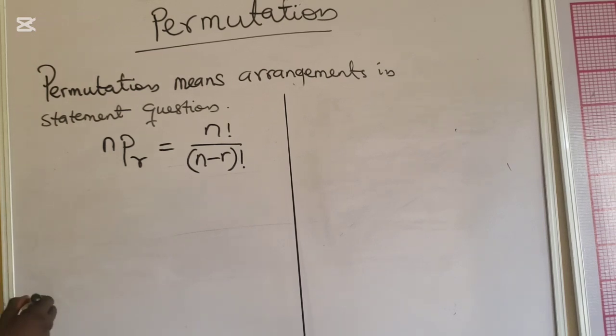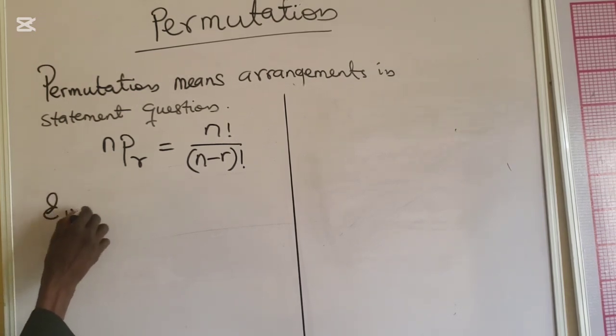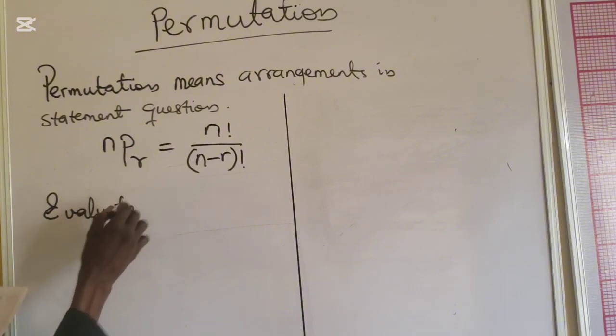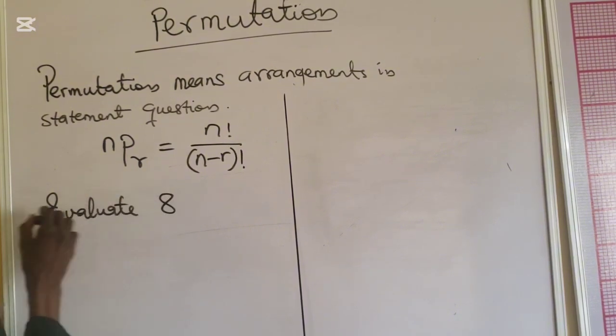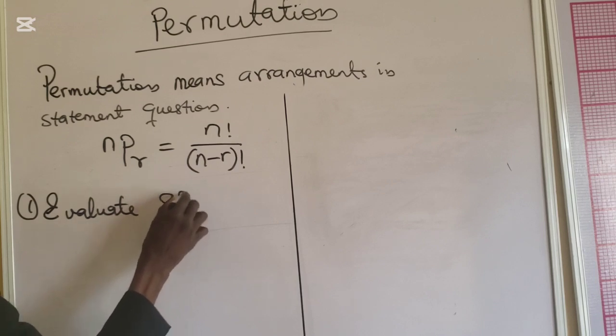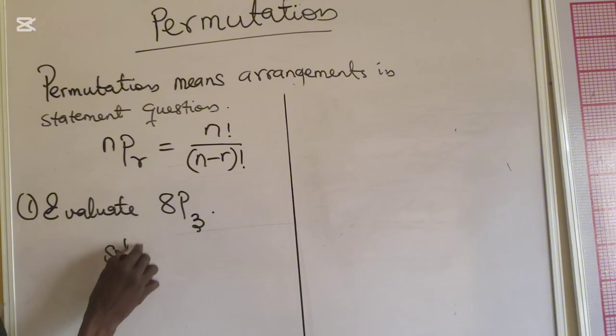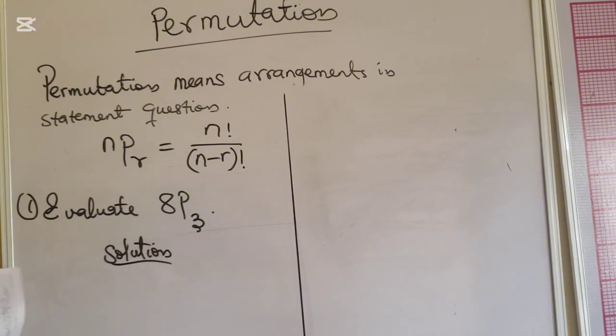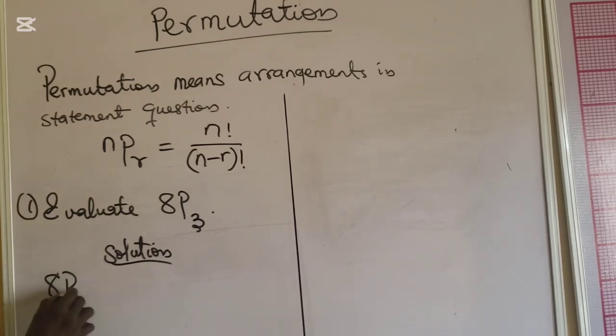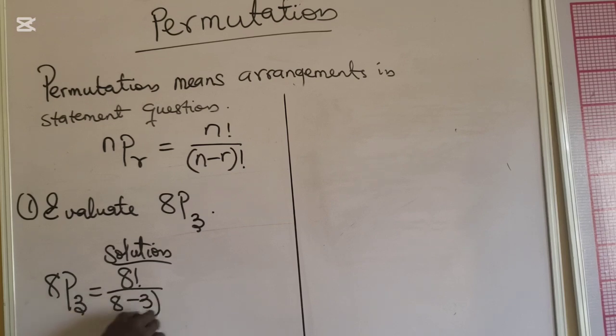Let me take example number 1. If you're asked to evaluate 8P3. Solution: 8P3 is 8 factorial over 8 minus 3, all factorial.